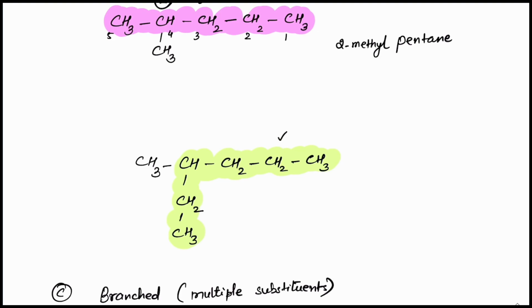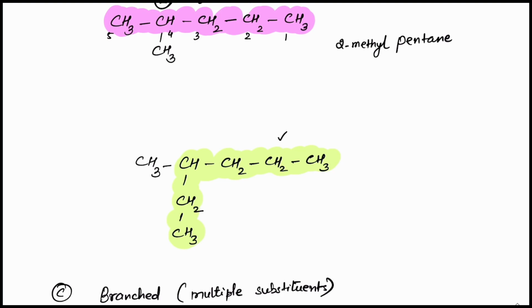The chain with 6 carbon atoms. So what we need to understand is that the parent chain is not necessarily the straight chain. And when numbering the parent chain, we number from the ends of the parent chain. It is not always left to right or right to left, but from the ends of the parent chain.